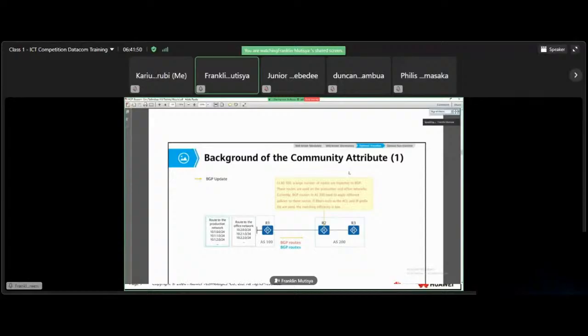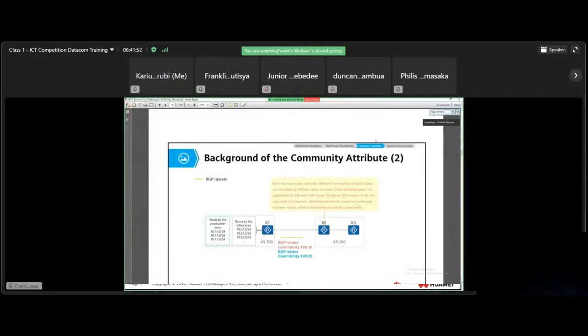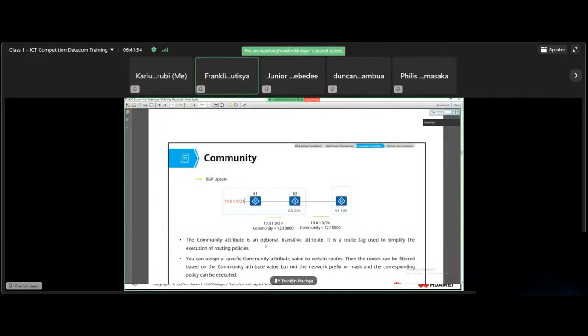Then we can identify these using the community. So the community attribute is an optional transitive attribute. When a router receives an update message that has the community attribute, it refers to routes that need to be treated with the same kind of behavior.